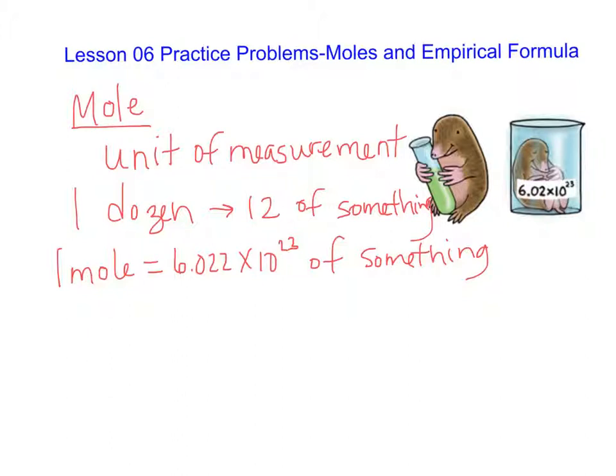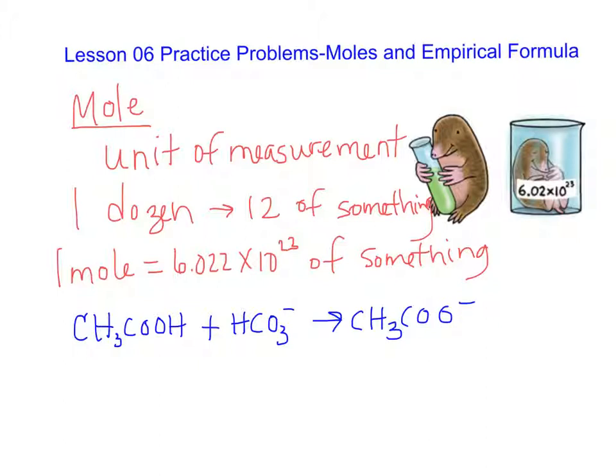So if we have a chemical equation, one that you're all probably familiar with, you just may not realize it. This is vinegar and baking soda forming carbon dioxide and water.